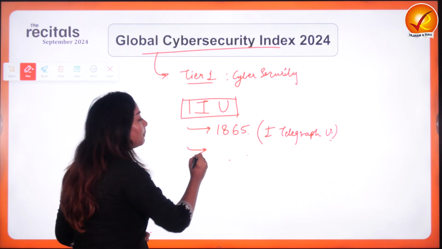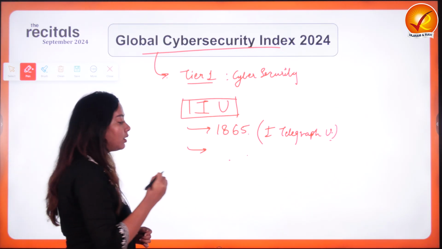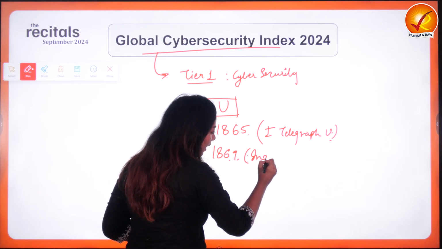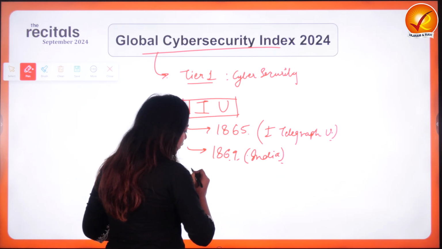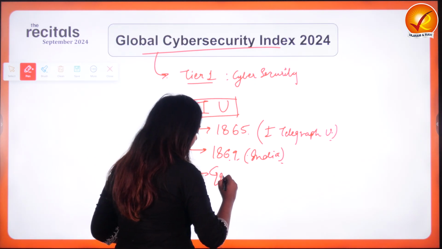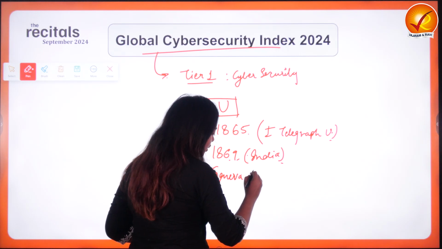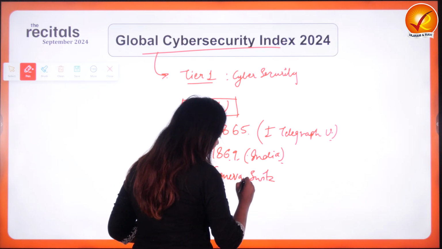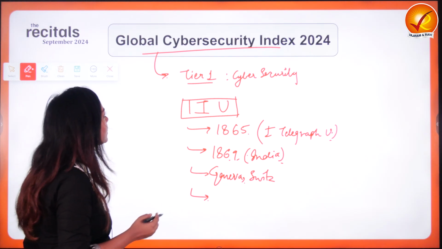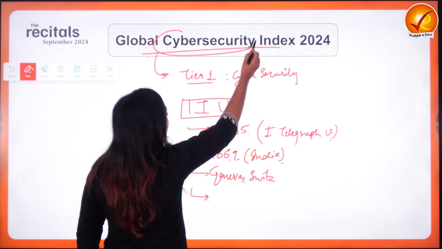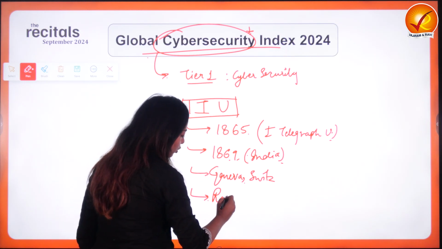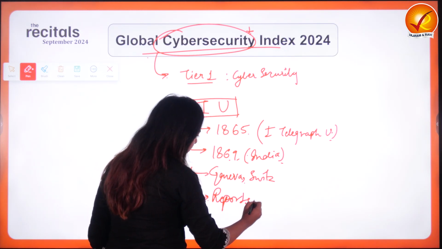India has been a member of ITU since 1869, a very important fact to remember. Where is it located? Its headquarters is located in Geneva, Switzerland, and ITU publishes reports like the Global Cyber Security Index. So, reports are also important.